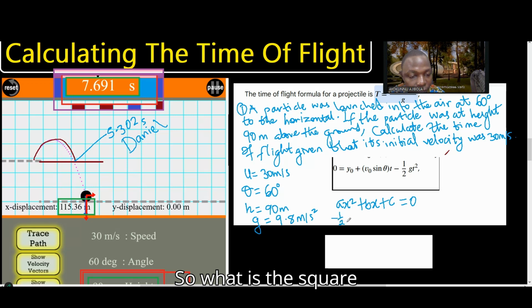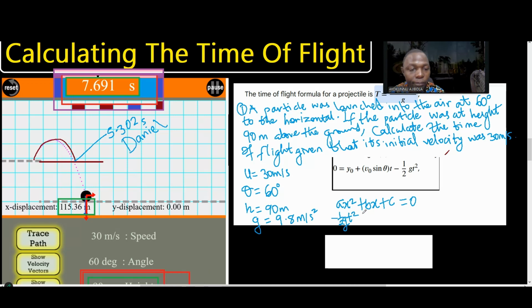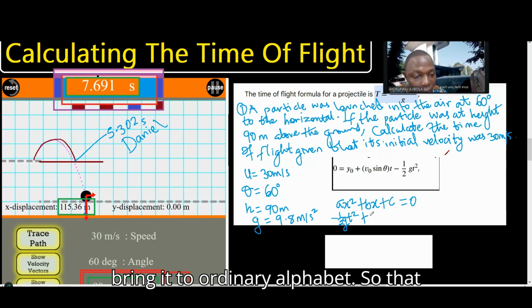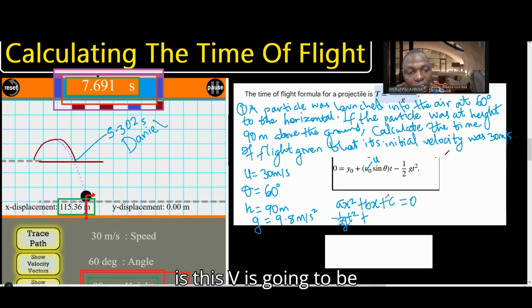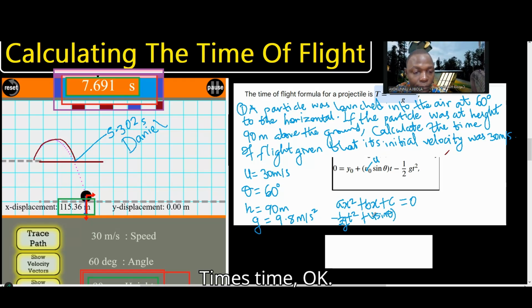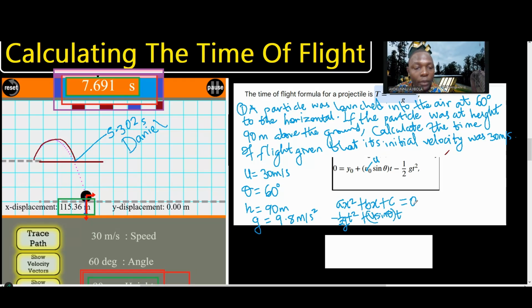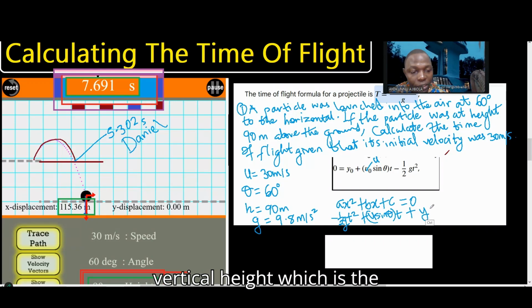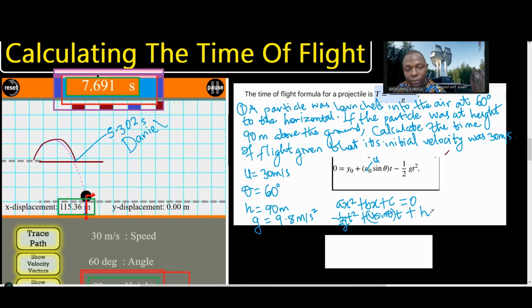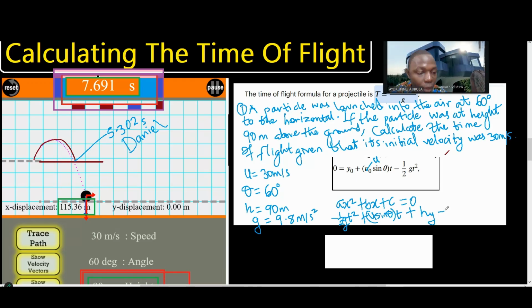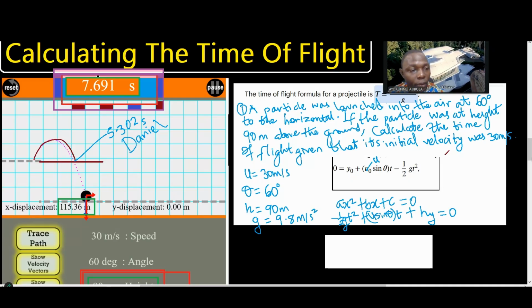Minus half g t squared. Anyone that has an ordinary alphabet, you bring it to the ordinary alphabet. So that is, this v is going to be the initial velocity, which is u sine theta, times time, okay? Then plus the vertical height, which is the height you were given, that is h, equal to 0. Are you getting this?